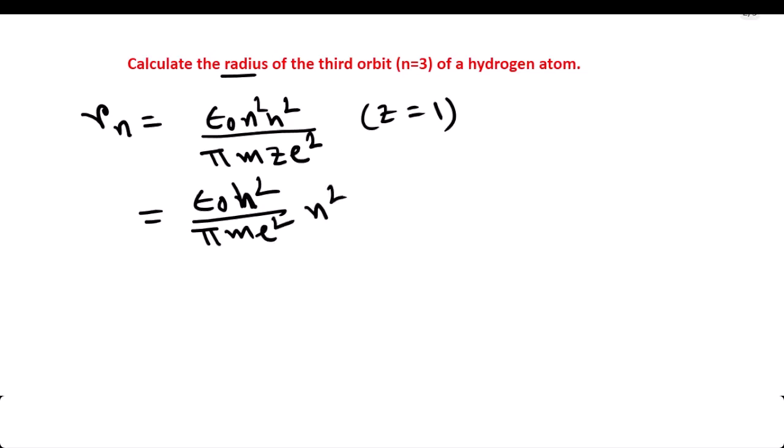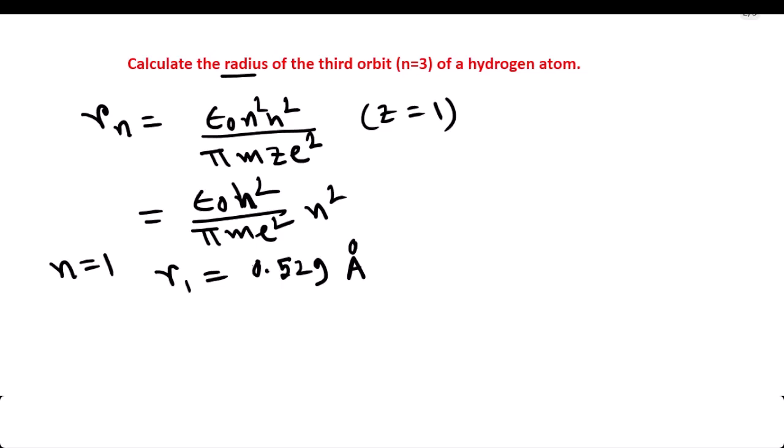If we put the values of epsilon 0, h, pi, m, e and put n equal to 1 for the first Bohr orbit, then we will get R1 as 0.529 angstrom for n equal to 1.